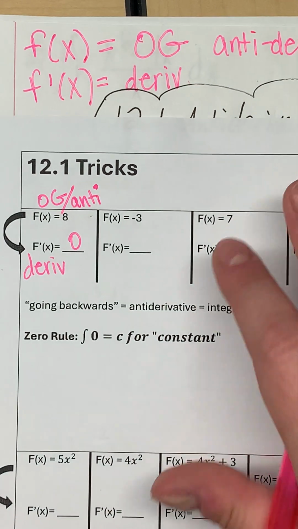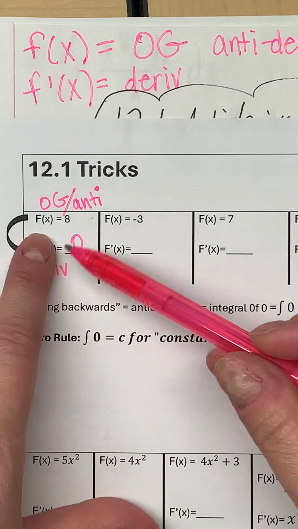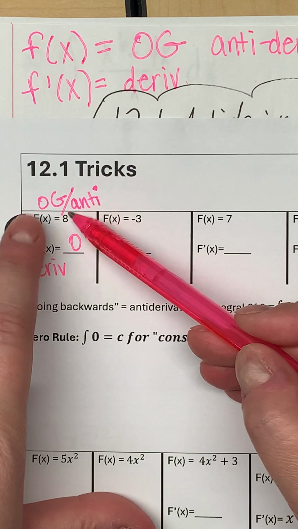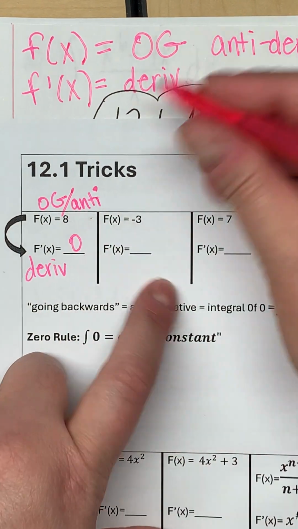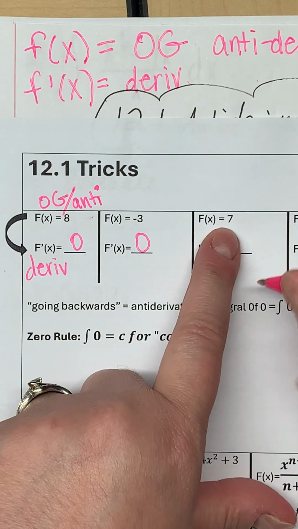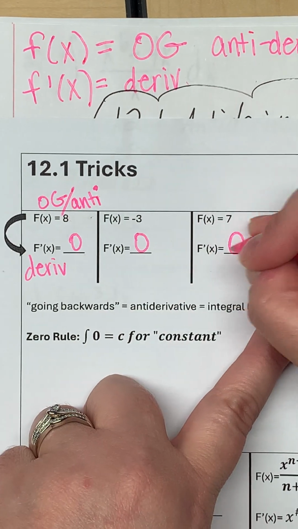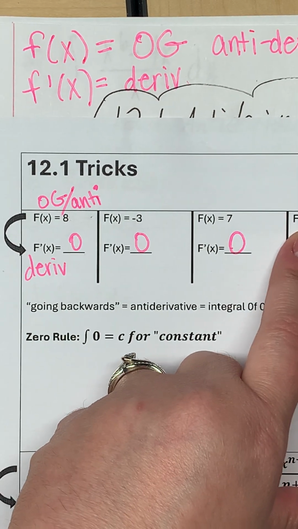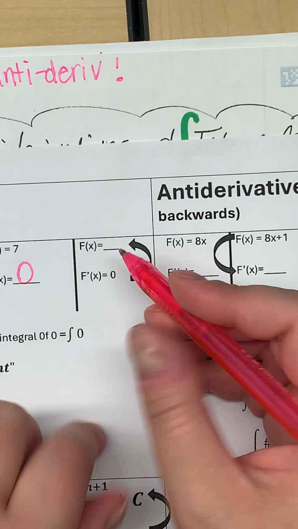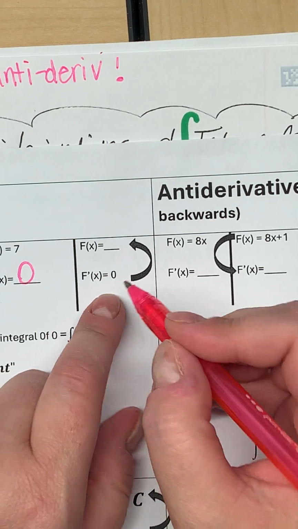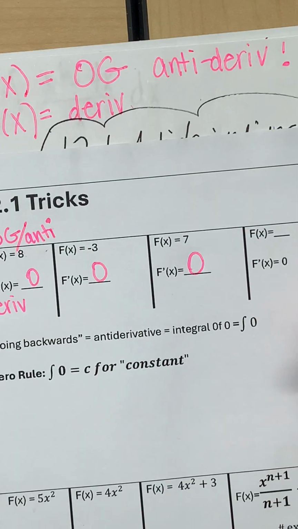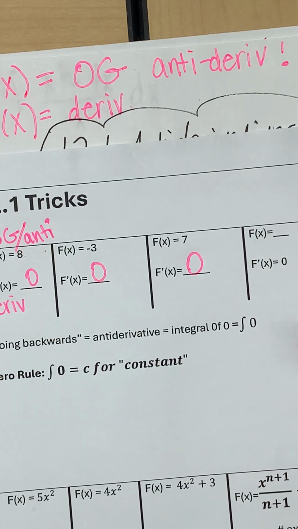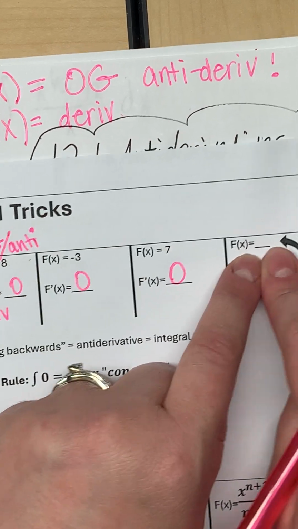Let's remember that the derivative of a constant like 8 is 0, or the derivative of -3 is 0, or the derivative of 7 is 0. What if we go backwards? What if you're given that the derivative is 0? What's your original equation? Well, the original equation will just be a naked number.